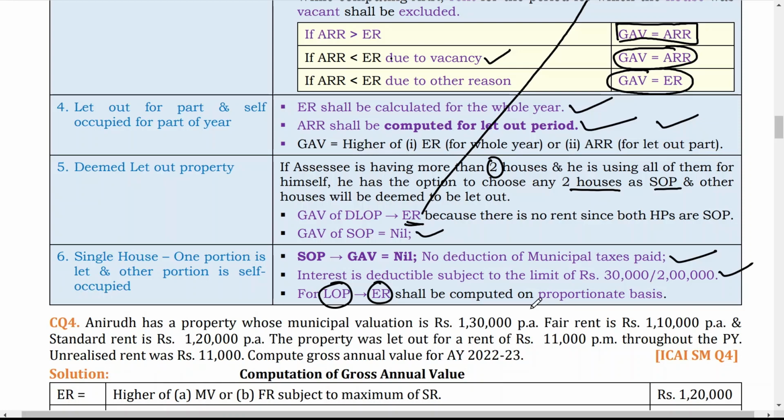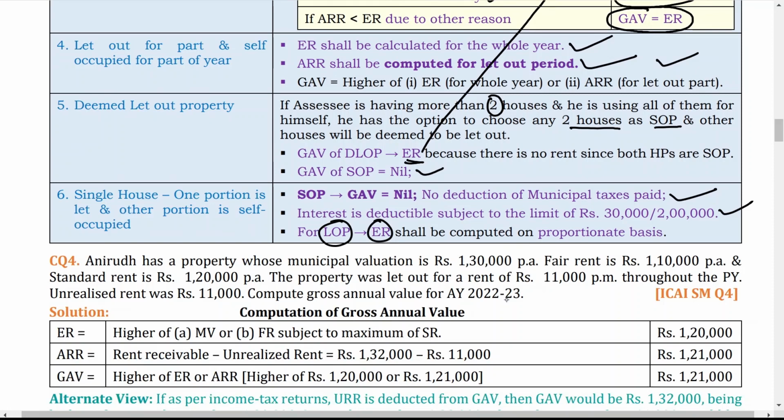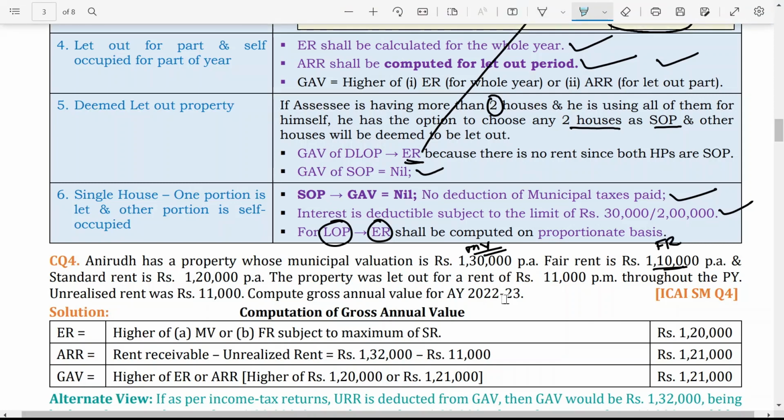Now to understand this situation, let us discuss some examples so your concept gets clear. Anirudh has a property whose municipal valuation is 1,30,000 per annum. So this is MV. Fair rent is 1,10,000, FR. Whichever is higher, so this is higher, that will become the first answer.